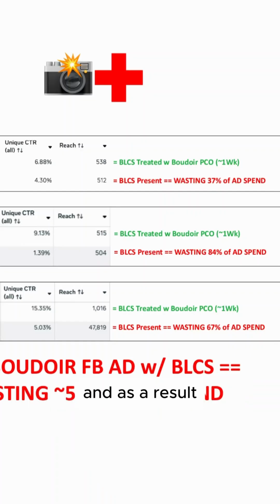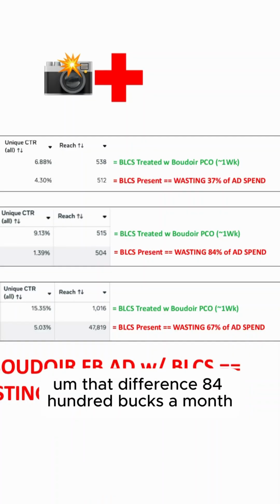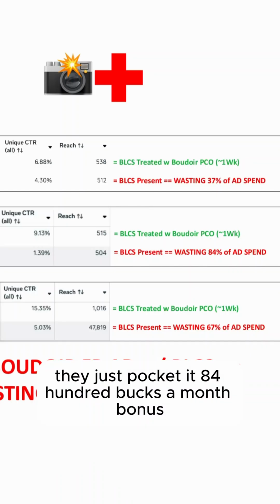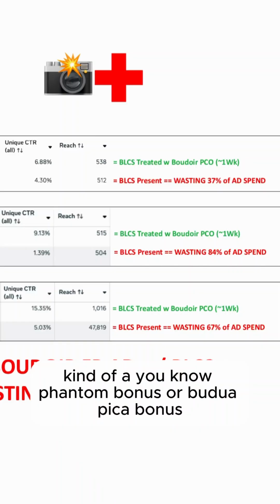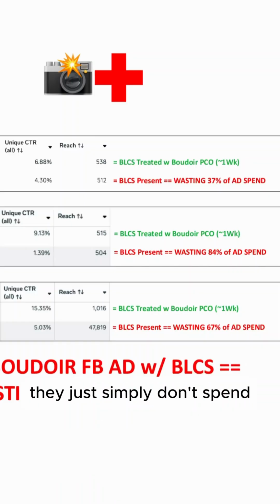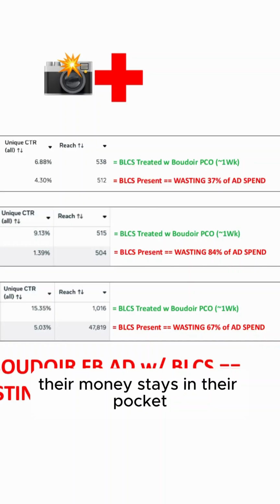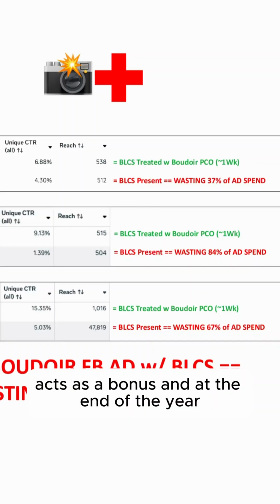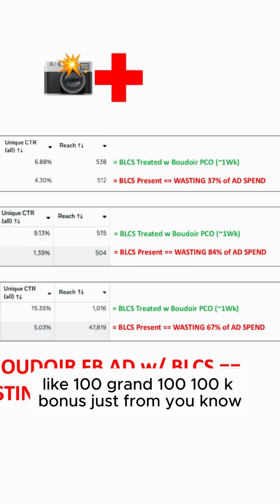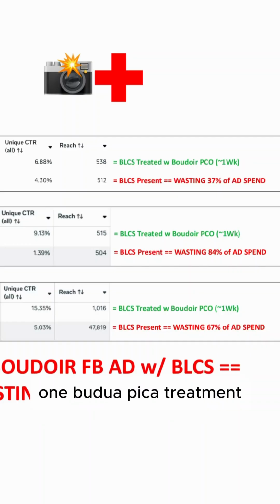And as a result, that difference, 8,400 bucks a month, they no longer have to spend. They just pocket it, 8,400 bucks a month bonus, kind of a phantom bonus or Boudoir Pico bonus. They just simply don't spend the money, it stays in their pocket, acts as a bonus. And at the end of the year, it's like a 100K bonus just from one Boudoir Pico treatment.